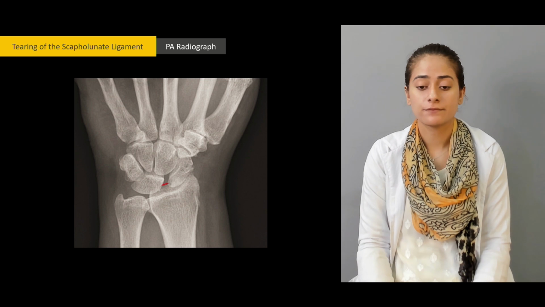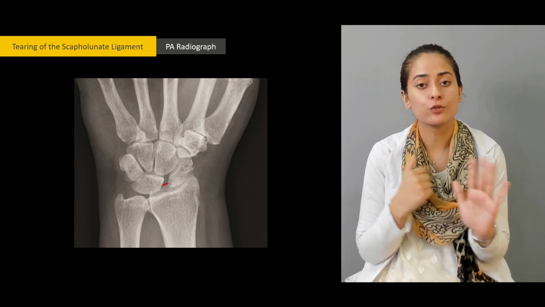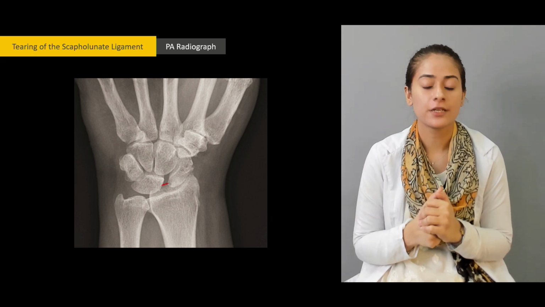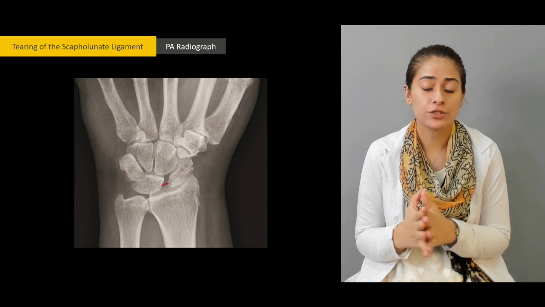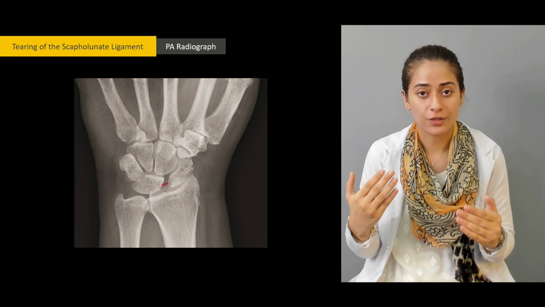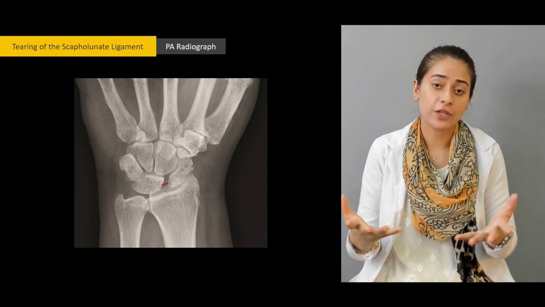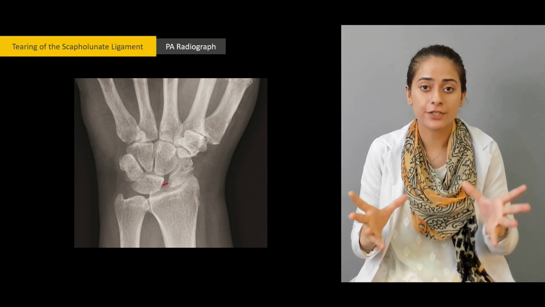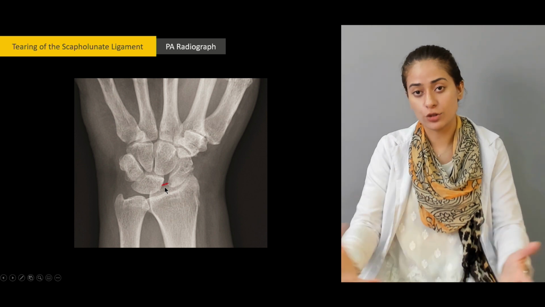So if there is this tear, there will be this increased distance. And again, to not miss this, you have to know what movement is limited, what movement is not easy or comfortable for the patient to actually do, and you have to know the mechanism of injury. You have to know the complaint. You have to know a lot of the entire detailed history for you to be able to detect this if you're new to radiology.